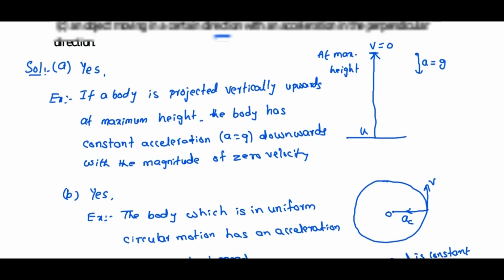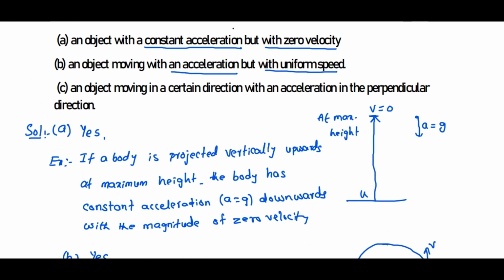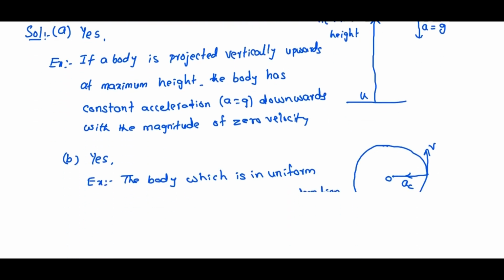Coming to question number C. An object moving in a certain direction with an acceleration perpendicular to the direction. So here the body should be moving and its acceleration should be perpendicular to the direction.